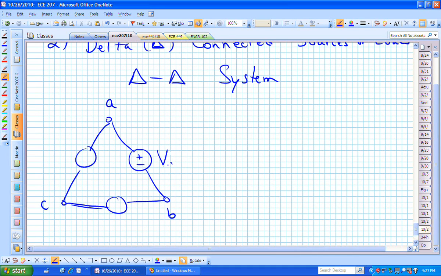This is now V sub AB in a delta configured source. That's actually my line voltage. It's also my phase voltage in this configuration. So the phase voltage in a delta connected system is actually the line voltage. So they're the same.